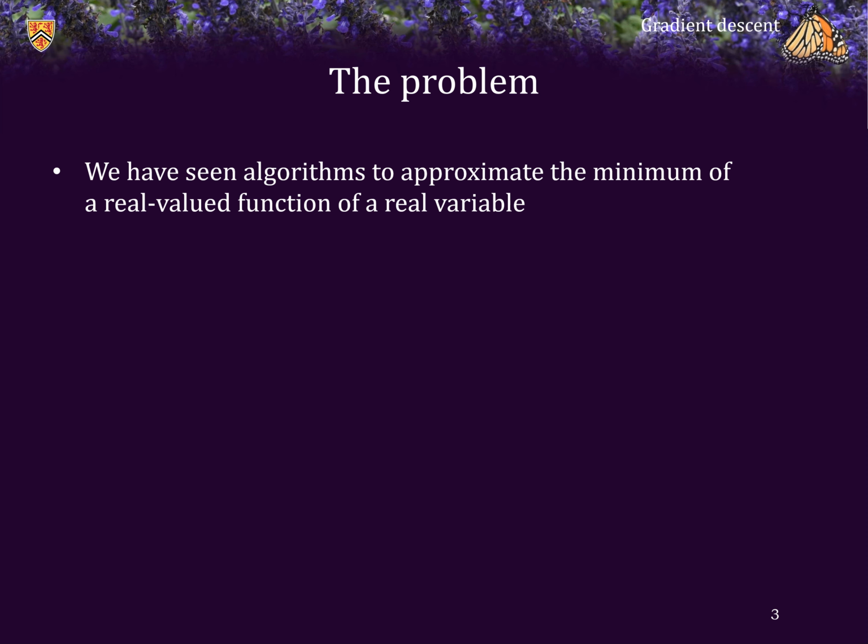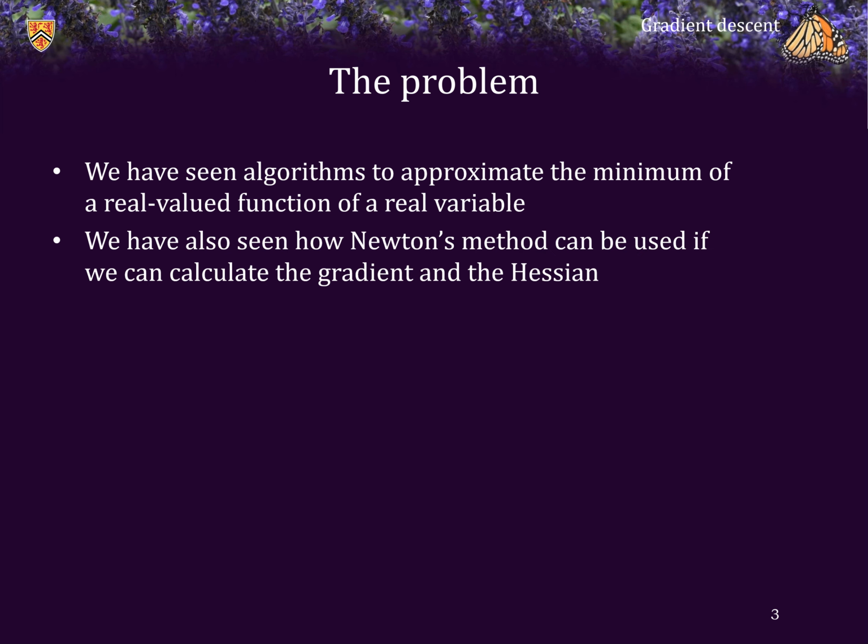Now, we've already seen a number of algorithms for approximating the minimum of a real valued function of a real variable. We've also seen how we can use Newton's method to approximate or find the minimum by calculating the gradient and the Hessian and solving the resulting system of linear equations.